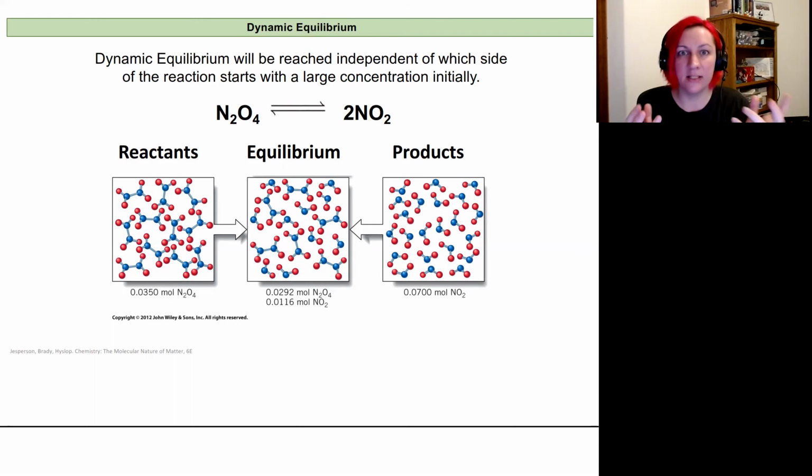And that's kind of this powerful thing, that it doesn't really matter if you start with all reactants or whatever you perceive as products. How we define what the reactant and what the product is doesn't have an impact on what equilibrium is. That is going to be something that's characteristic for the reaction, and we'll characterize it by that ratio of our products to our reactants.